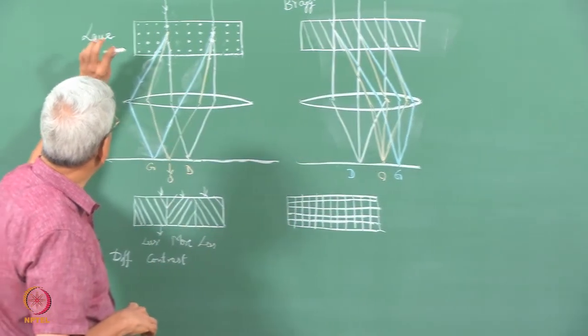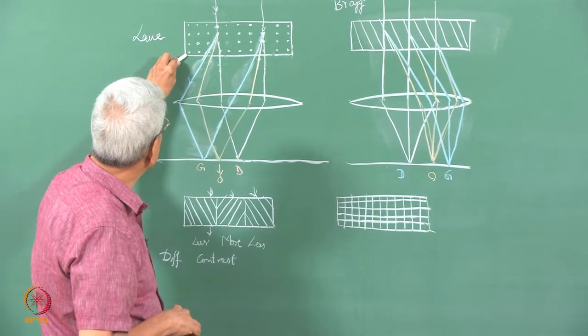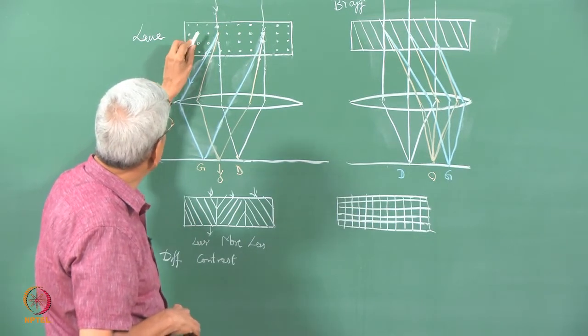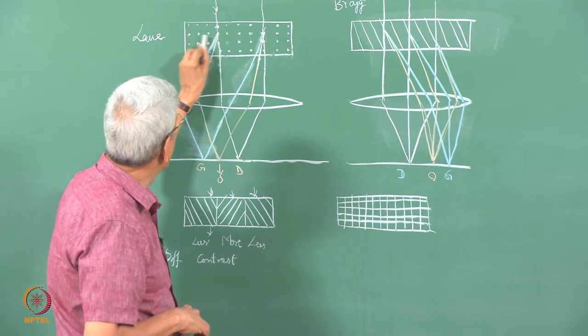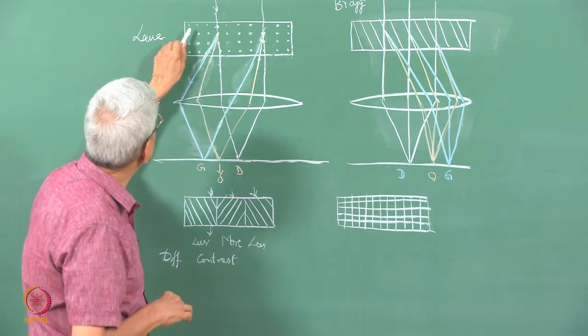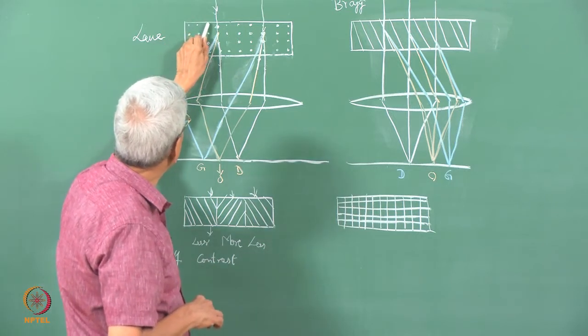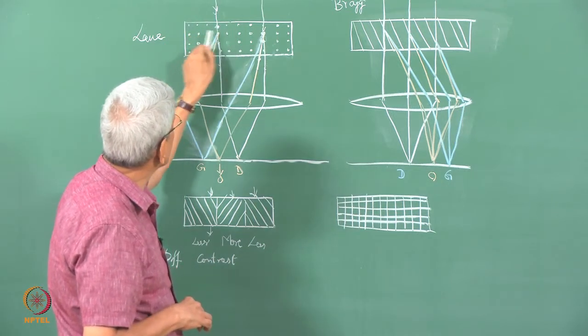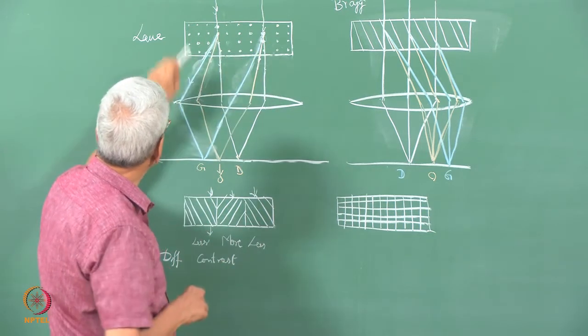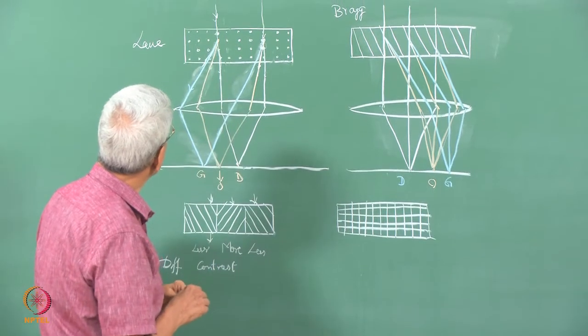What I have done here is that I have considered that sample as individual atoms, because the reality of the sample is that atoms are sitting at regular, particular positions, with a particular periodicity.